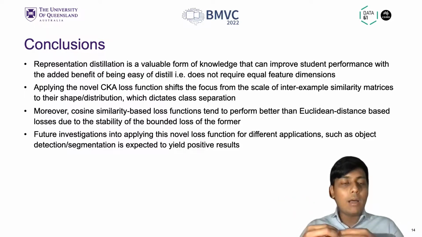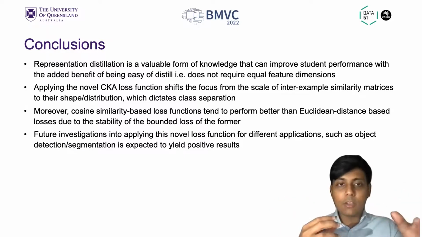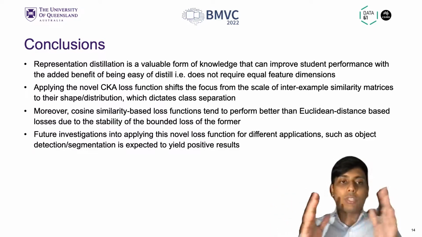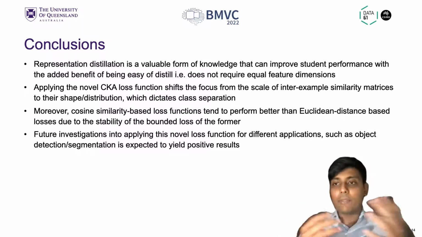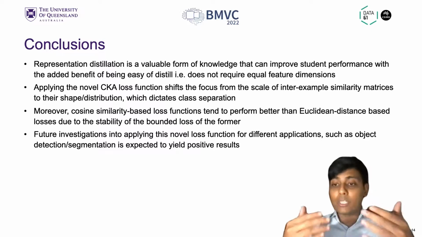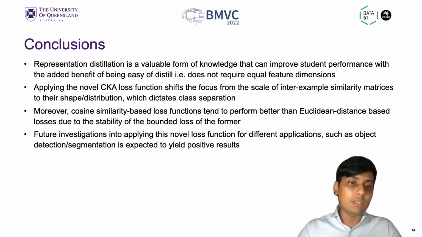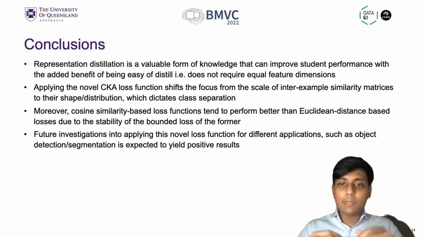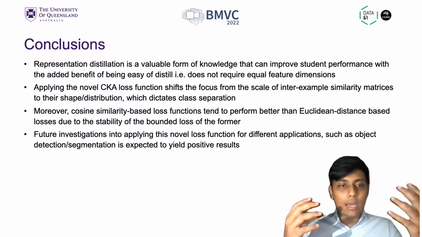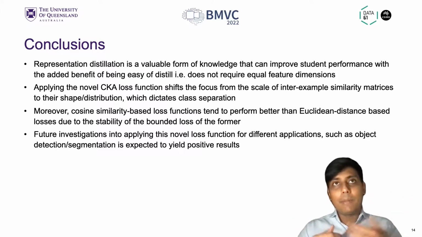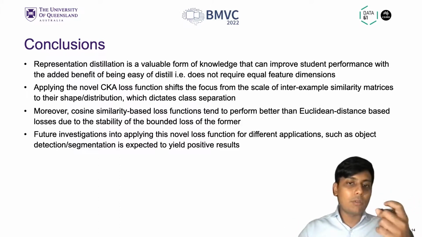With the application of this novel CKA loss, we shift the focus from the scale to the shape and the distribution of the inter-example similarity matrices, which dictates the class separation and therefore improves the accuracy as well. And cosine similarity, like I just said, improves the stability of the loss by being a bounded loss, and that's why we yield better results.